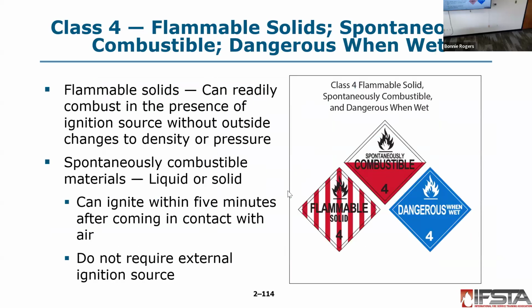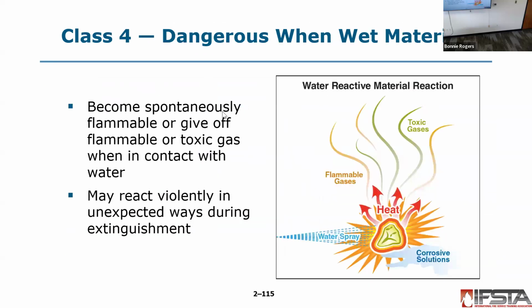Okay, flammable solids. They combust in the presence of an ignition source without outside changes to density or pressure. Spontaneously combustible. What is another term for that? Right. You don't need that external ignition source.